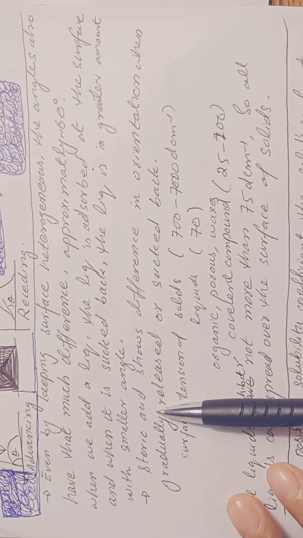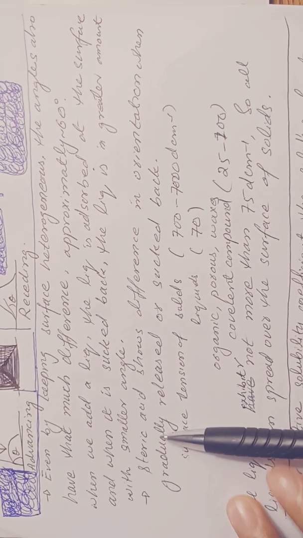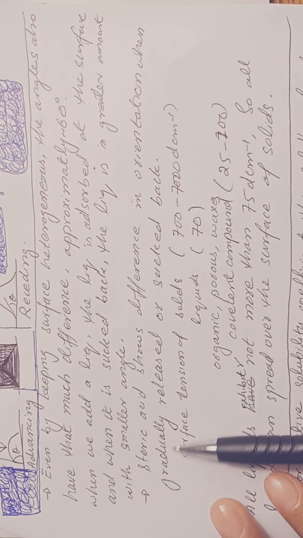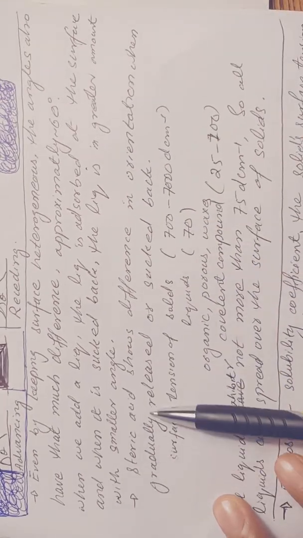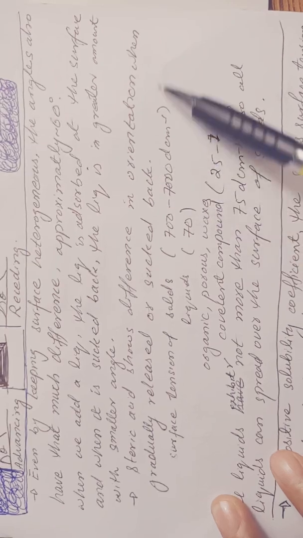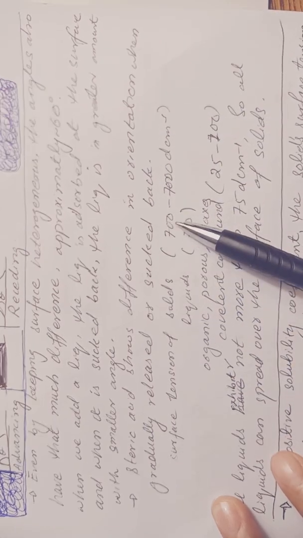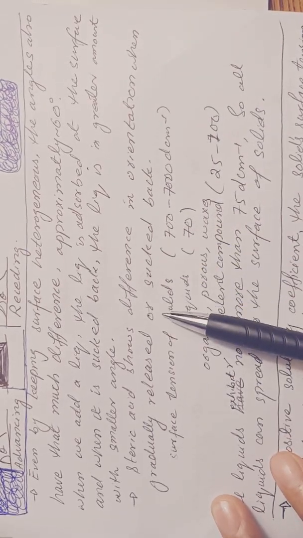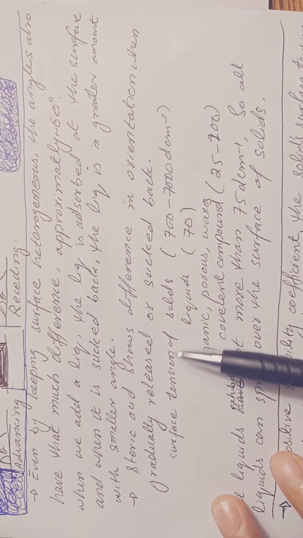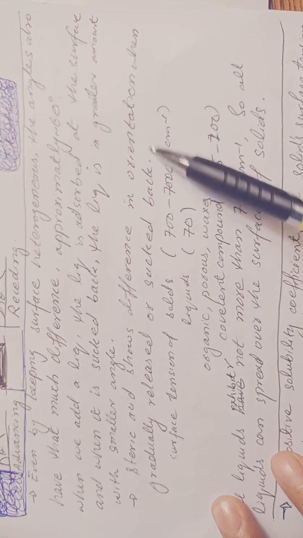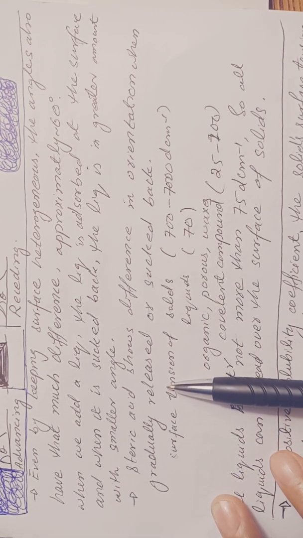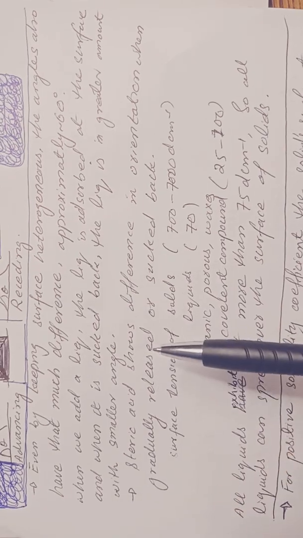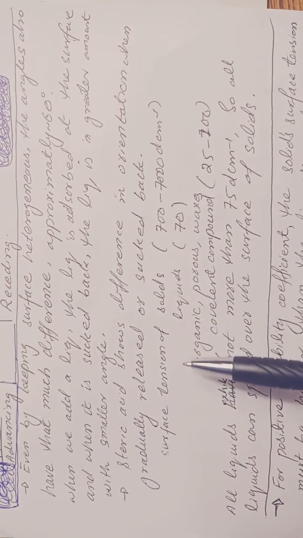In some cases, people tried to study the reason for that much difference between the two angles. In the case of stearic acids, they showed a difference in orientation when gradually released or sucked back. It may depend on the type of interaction or the different orientation of the polymers or the molecules of the liquid which is getting sucked or released in the form of droplets.